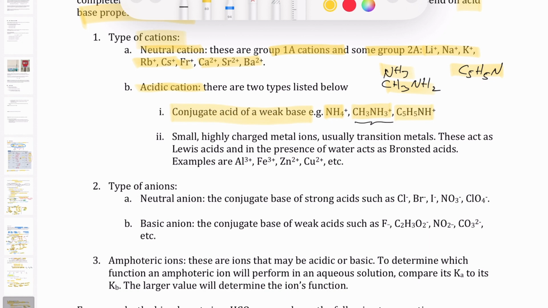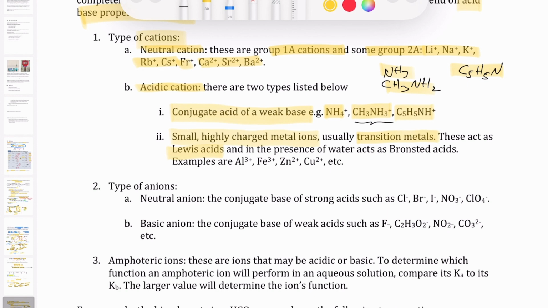The other type of ion that's going to be acidic is the small, highly charged metal ion. For this, you have to go back to one of our earlier lectures on acid-base chemistry, where we showed that these highly charged metal cations, usually the transition metal cations, are able to accept electrons. And of course, when something can accept electrons, we call it a Lewis acid.